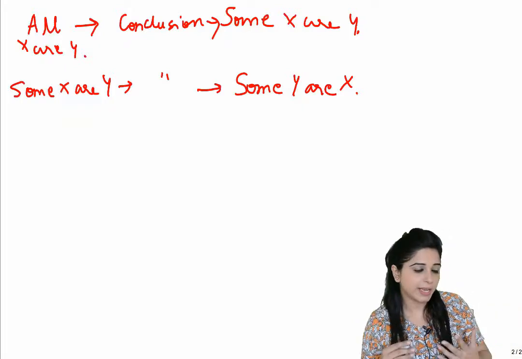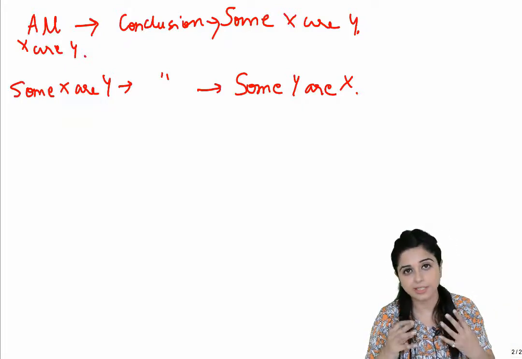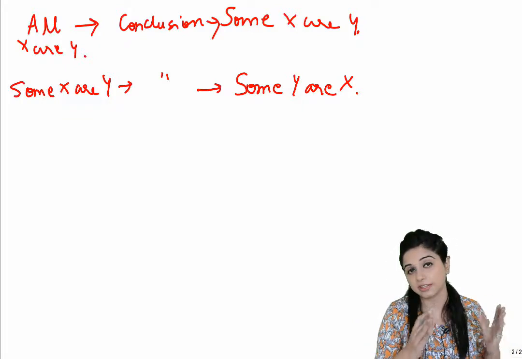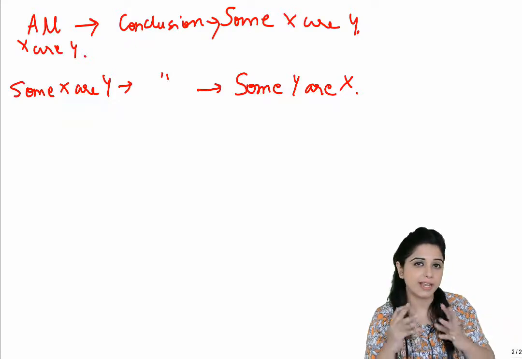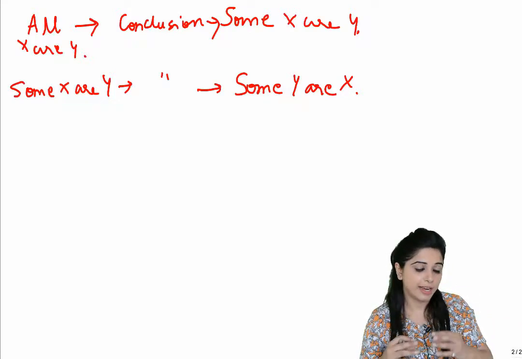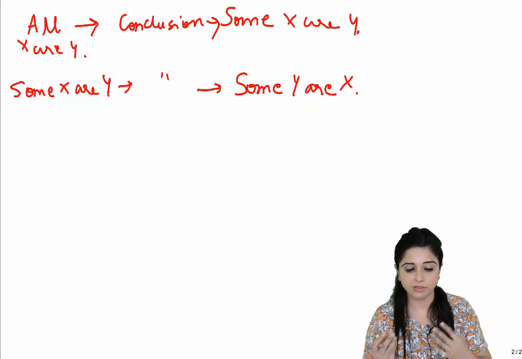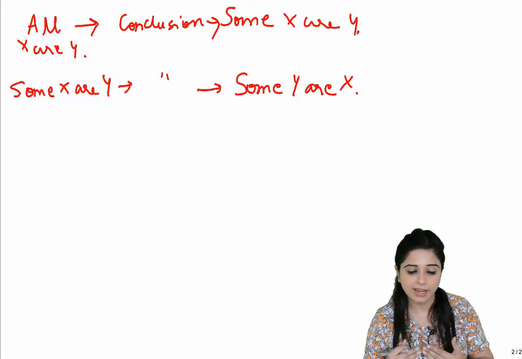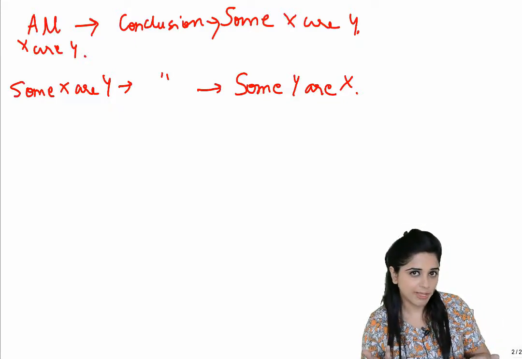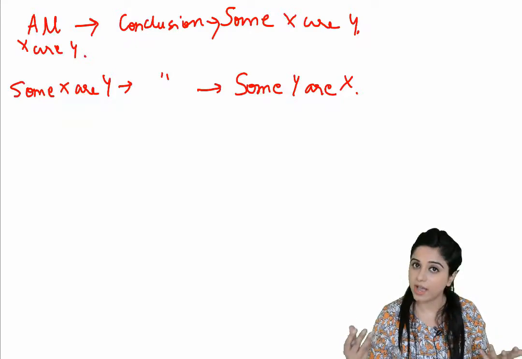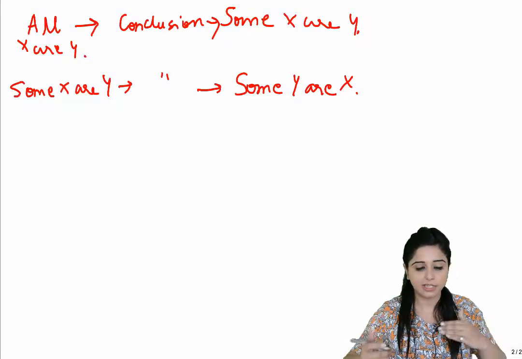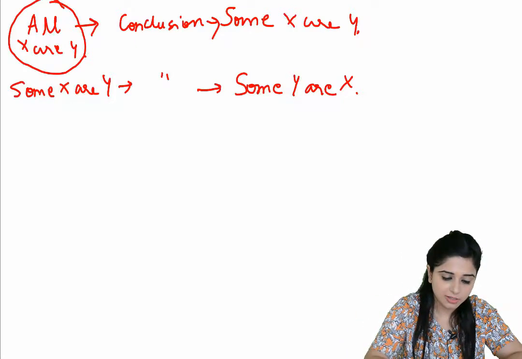Does it tell you something? What does it tell you? It tells you that the statement some x or y is directly interchangeable with some y or x. So if you're saying all x or y, it also means some x or y, it also means some y or x, right? Can you draw parallels over here?